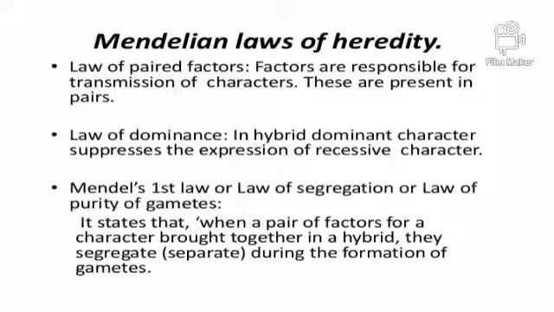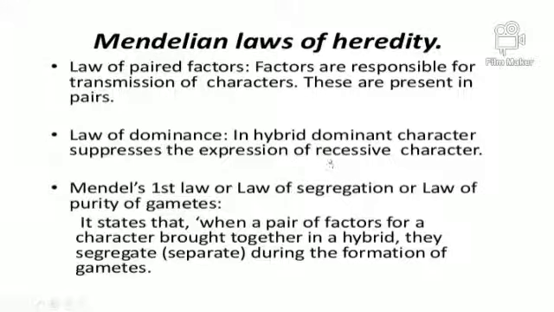Hybrid here means the joining of two characters, but the character which appears in the hybrid is called the dominant character. How does this character appear? It appears only by the suppression of the recessive character.